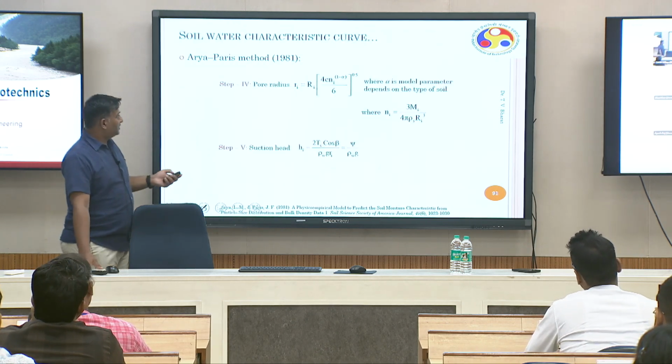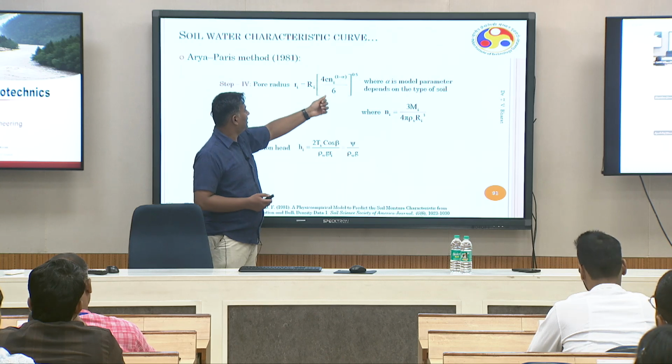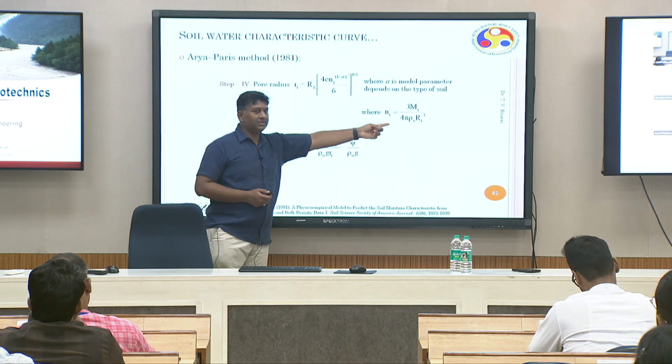Similarly, pore radius can be determined using this, where you have the volume of the pore. The pore is considered to be spherical. Based on that particular assumption, this equation has been given, and the void ratio is there, and n can be determined from this.